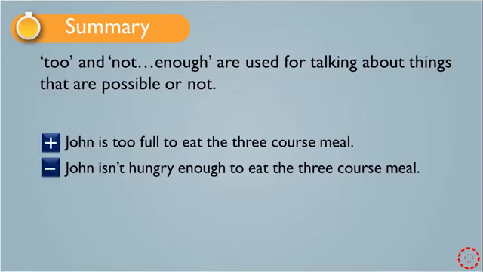When we use "too" with the adjective, "too" should be followed by the adjective, but the adjective should be followed by "enough." When we use "enough," it's adjective plus "enough." This is a simple difference and not to be confused.